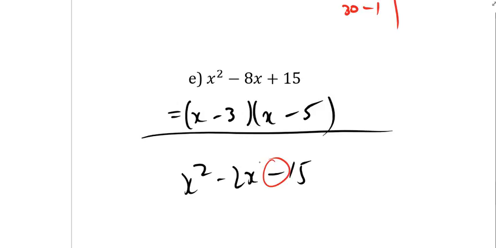In this case, it was 5 and 3, but it's the difference of 5 and 3. Does that make sense? So you've got to look at the sign of the product, and the sign of the sum. Then you have to come up with two numbers that multiply to this and add to this, or multiply to this with the difference of this. Does that make sense? Any questions?